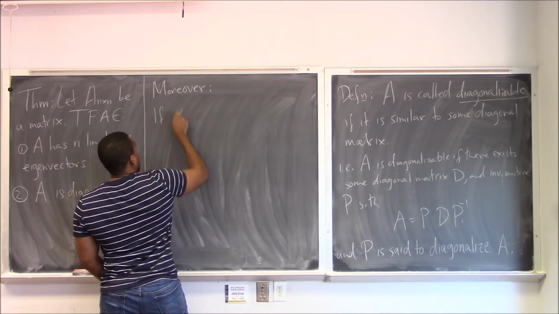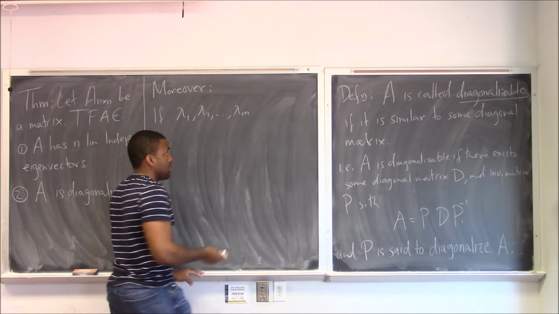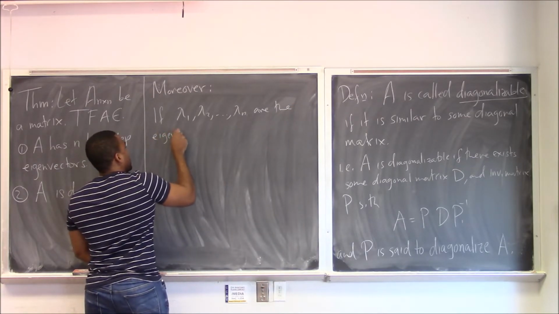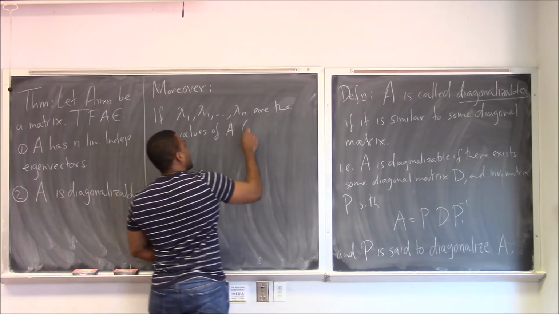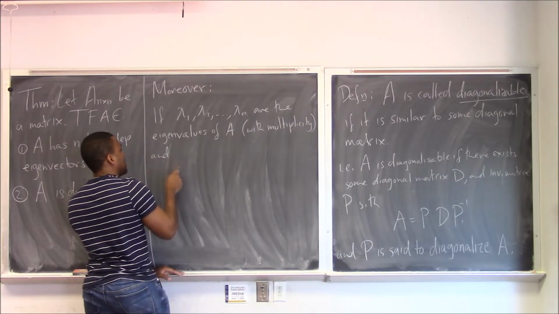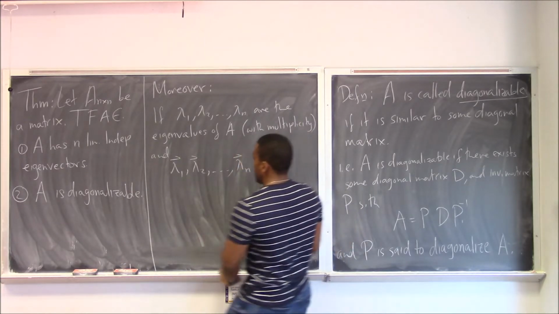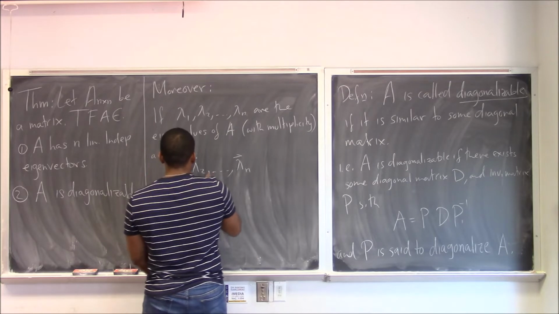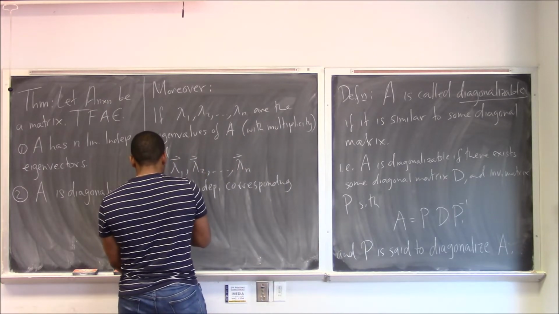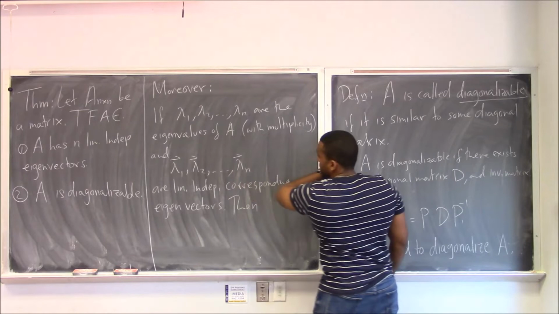If lambda 1, lambda 2, up to lambda n, you don't have to have n distinct eigenvalues, let's say with multiplicity, are the eigenvalues of A with multiplicity, and v1, v2, up to vn are linearly independent corresponding eigenvectors, then, right, so I found n eigenvalues, perhaps with multiplicity.